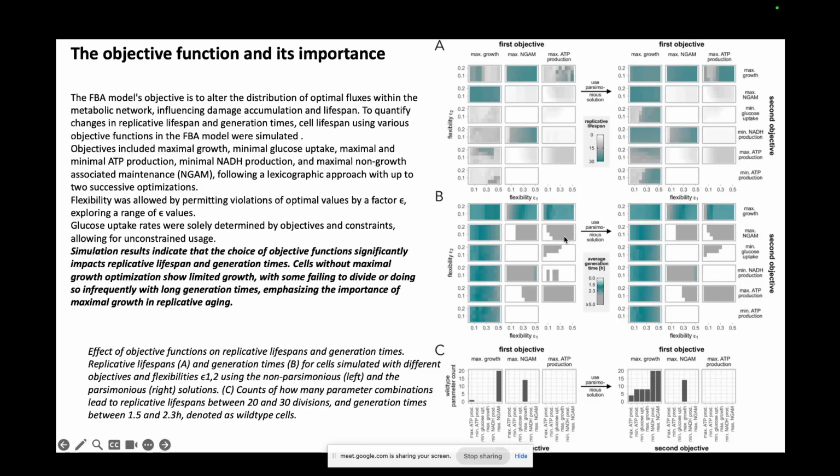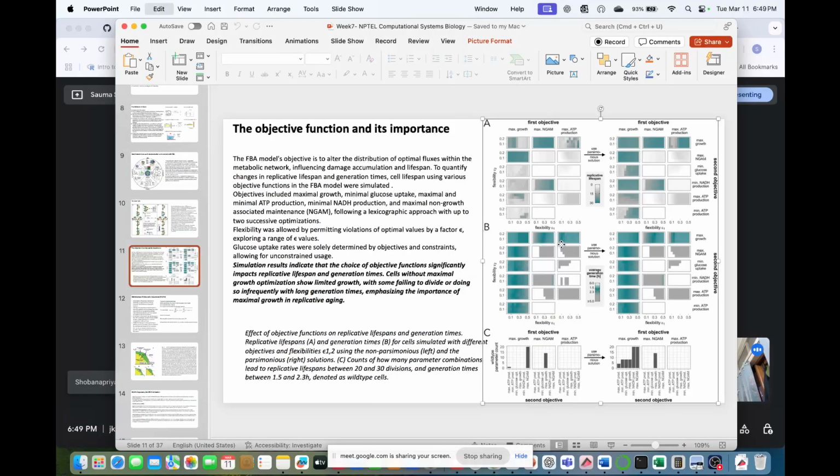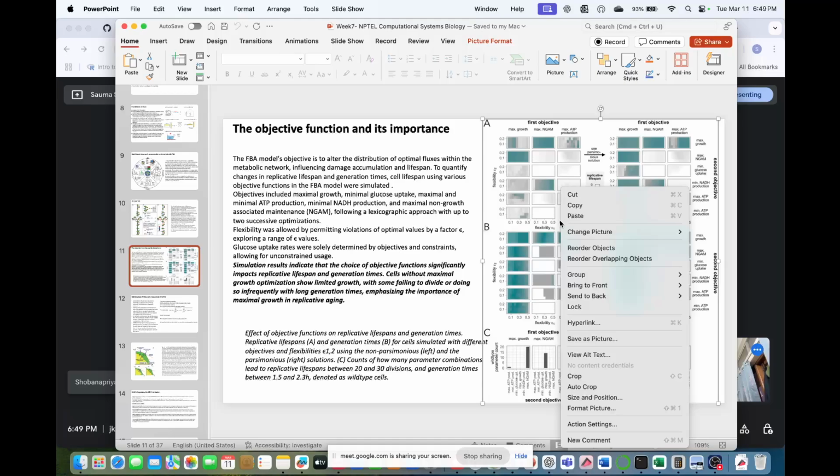This figure I've taken from a paper where they showed, if you take different types of objective functions, what types of results you can get, and how good or bad they can be.